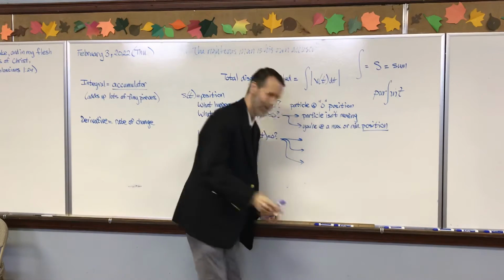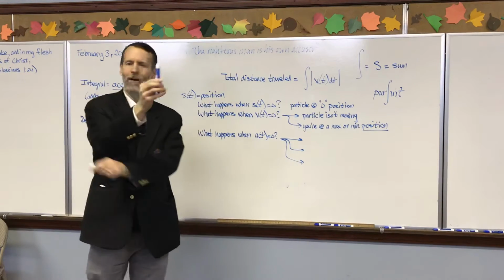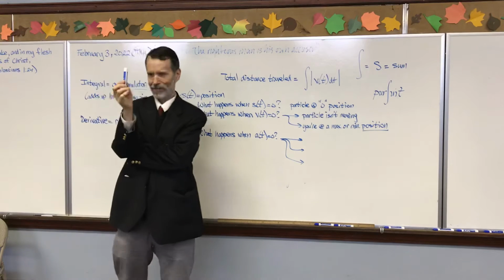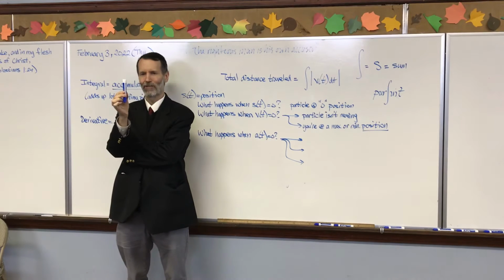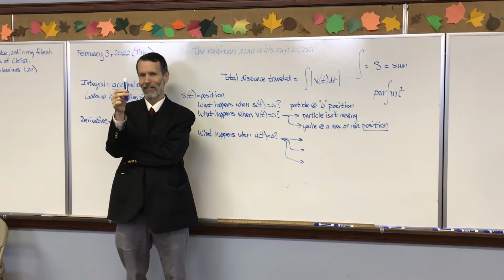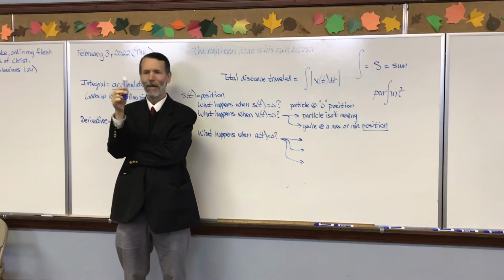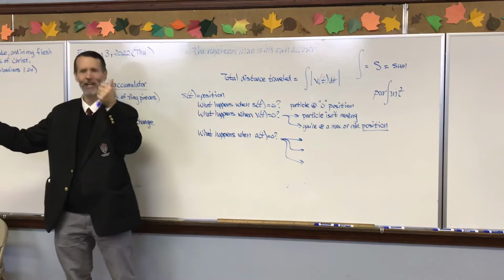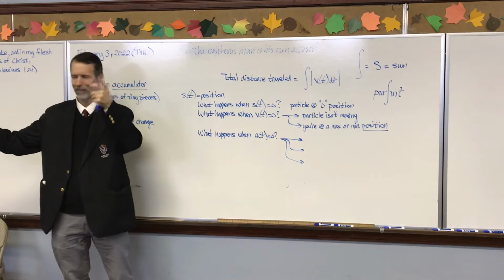Let's say here's a marker, it's moving. Here's dead center. This is position 0. This is what happens when S of t is equal to 0. It's dead center. It might be moving. Say you have a freeze frame, you're about to take a photo.